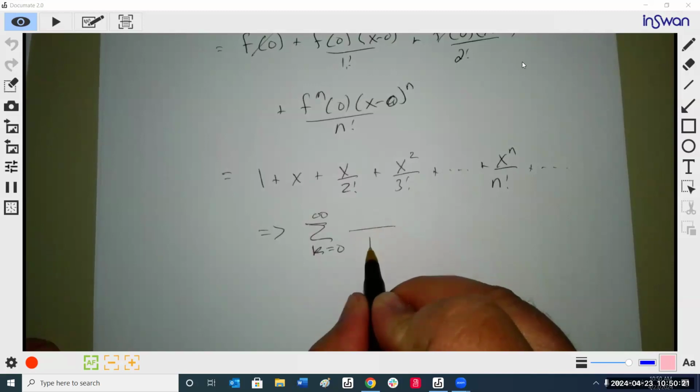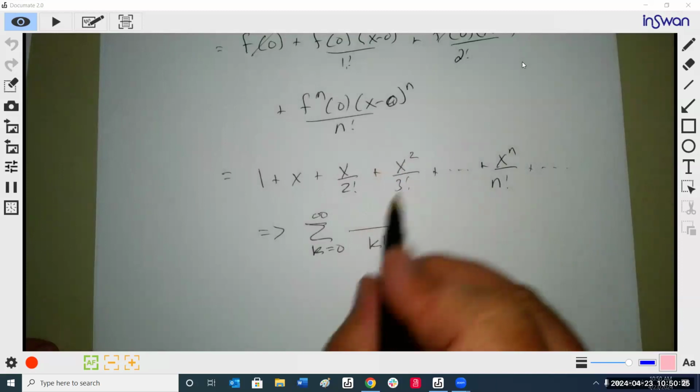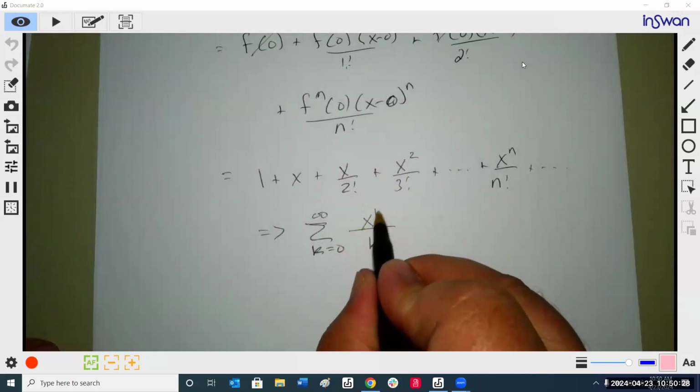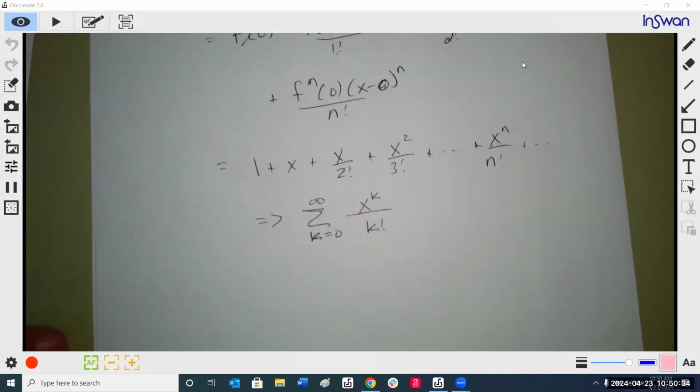So we have k factorial on the bottom, and on top, we just have x to the power k. So that's the series.